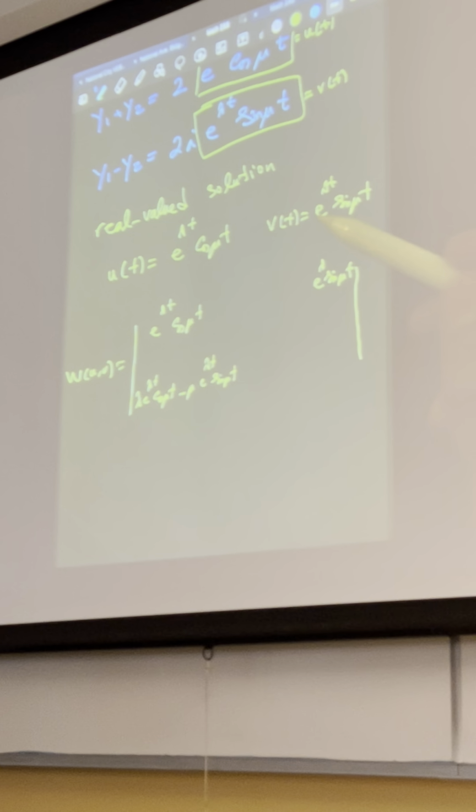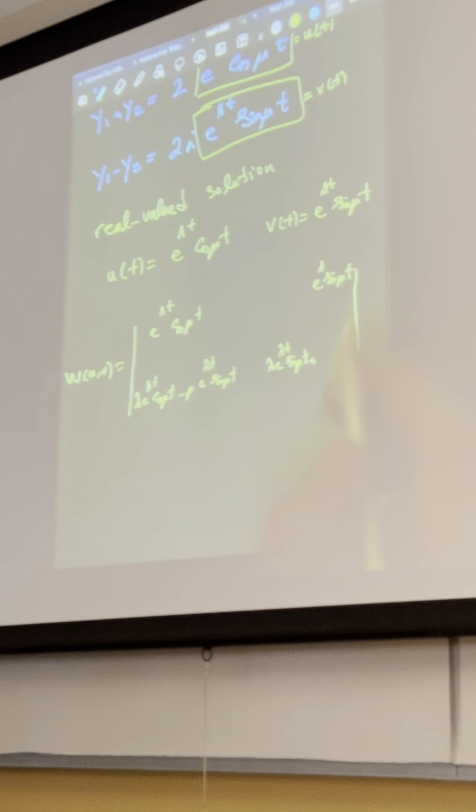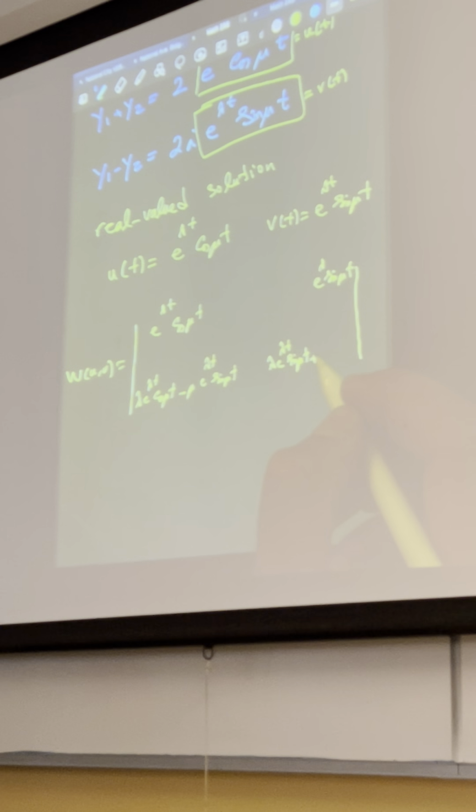The derivative of this is lambda e to the power of lambda t sine of mu t, plus mu e to the power of lambda t cosine of mu t.